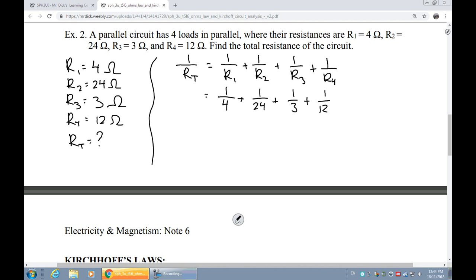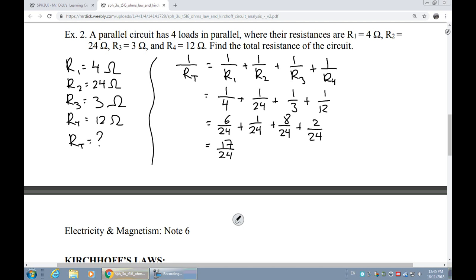So if we rewrite all these fractions with a denominator of 24, what we really have is 6 24ths plus 1 24th, that one already had the correct denominator, plus 8 24ths, plus 2 24ths. When we add all of that together, again, we're just focusing on the addition of the numerators. On top, that means we get 17, and our denominator is still 24.